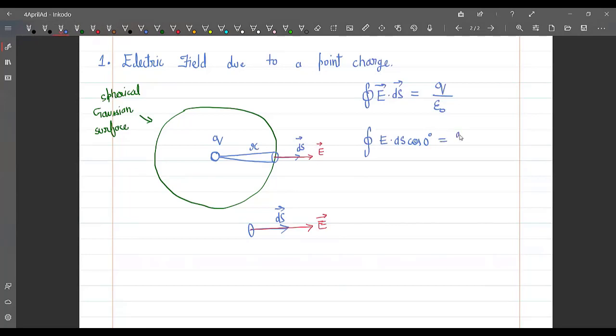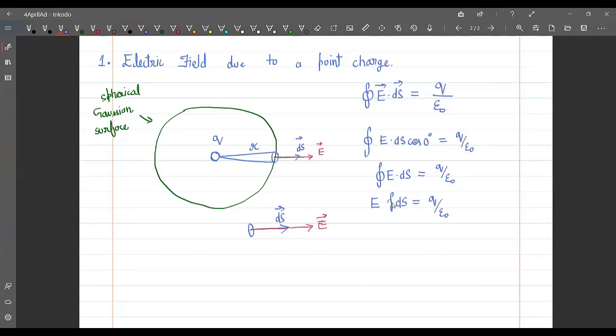So this is Q by epsilon naught. Then we have cos 0 is 1. So I have E into ds. Now, E is a constant because it is the same everywhere on the surface of the Gaussian sphere.